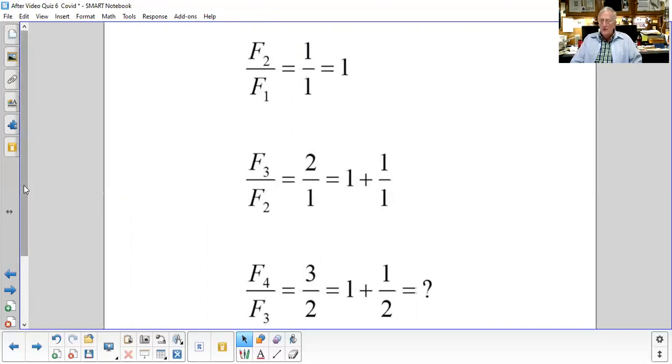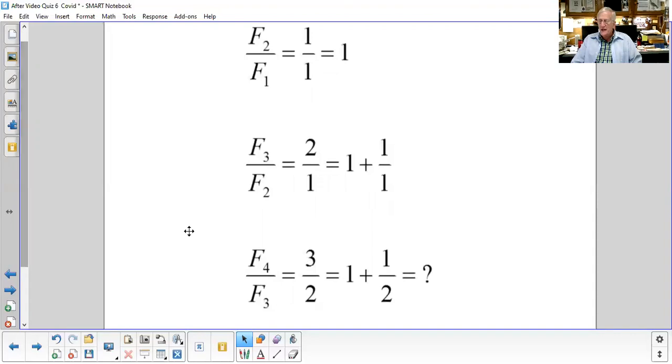You could do f4 divided by f3, which is 3 halves, which is 1 plus 1 half. Well, that's not too exciting or too surprising, okay? However, remember, 1 half is the reciprocal of 2 over 1, right?